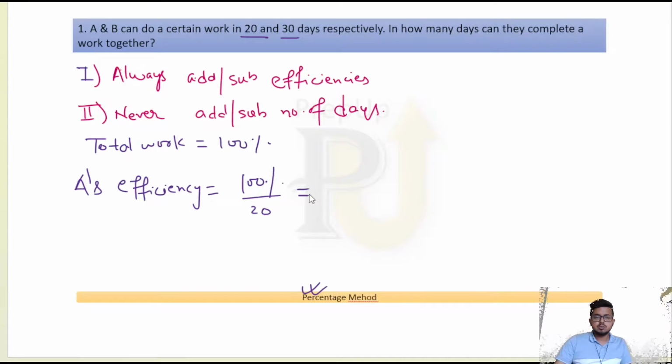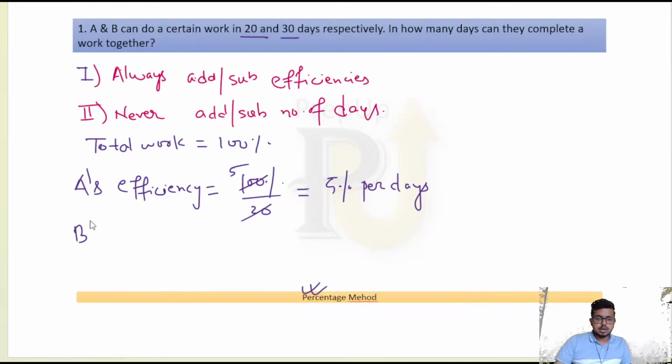I am writing 20 in the denominator because A did the work in 20 days. So 5% work per day, as 100 upon 20 cancels out to 5.